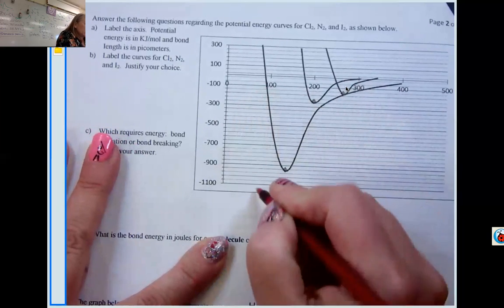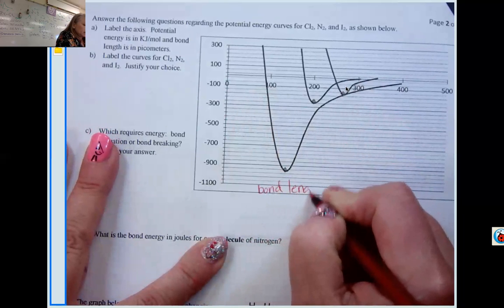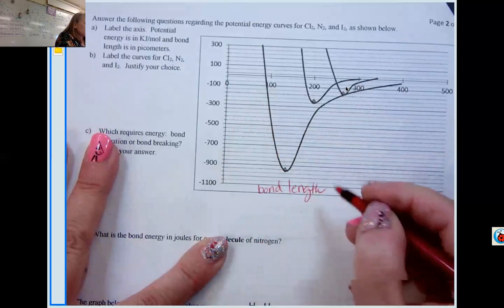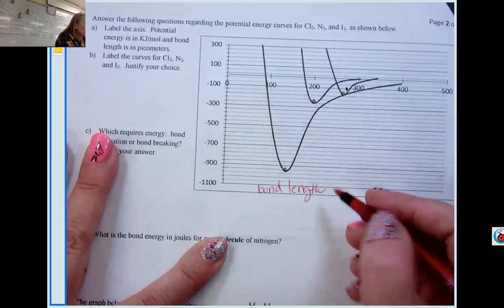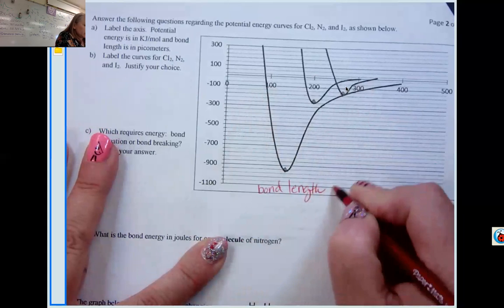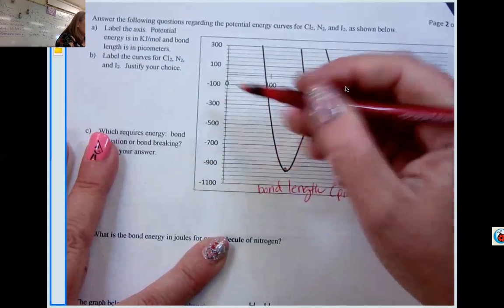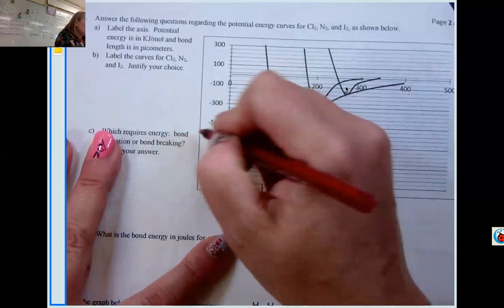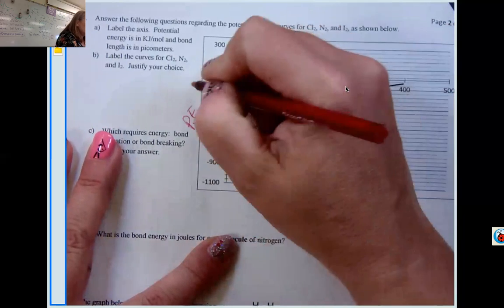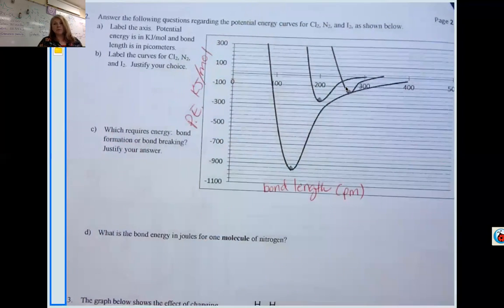So I'm going to label it down here. So this would be bond length, and that's in picometers, so pm. And then over here on this axis, this is potential energy, so PE, potential energy, and it's in kilojoules per mole. Okay, and then you have to label those graphs.